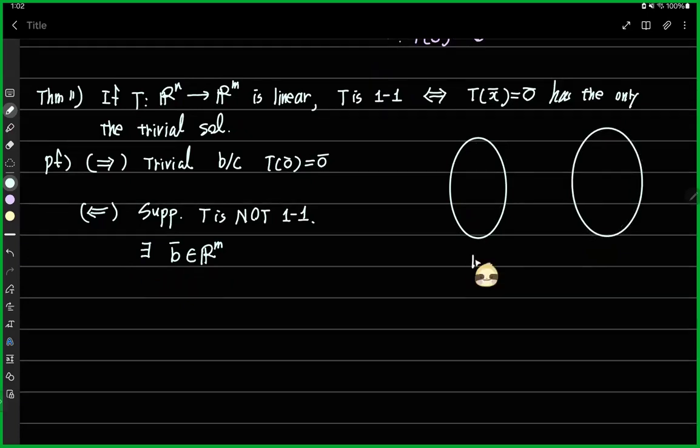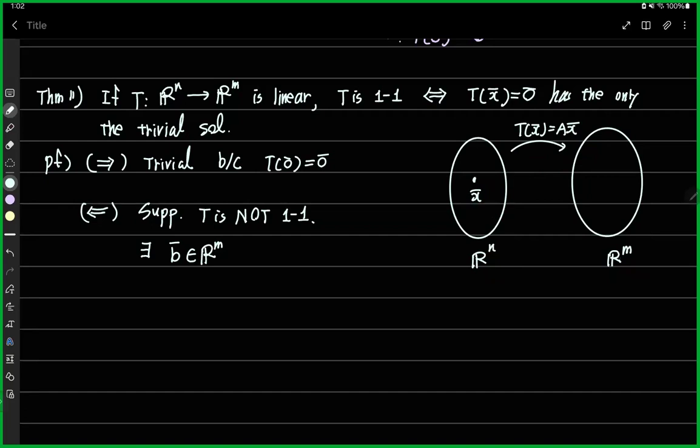Then this is Rn, and this is Rm space. So that's a linear transformation, T of X is equal to Ax. Then here's a point, an input, maybe X.